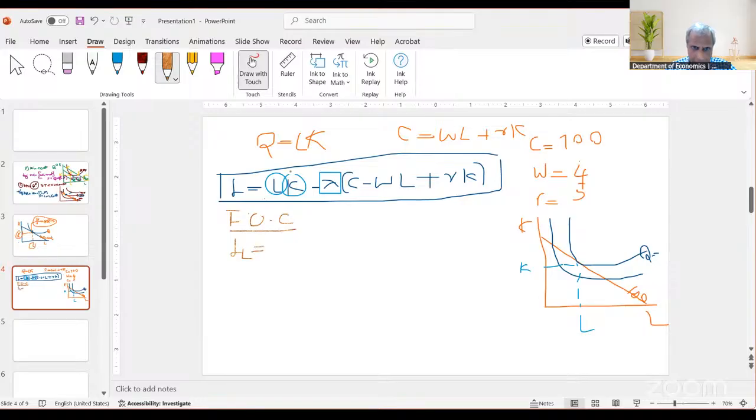When you differentiate this one, it becomes K plus here also L, then we get W. Now we get this equation and we set it equal to 0 because at the optimal point, if you draw a curve like that, the slope becomes 0. So in that way, we get the first equation.